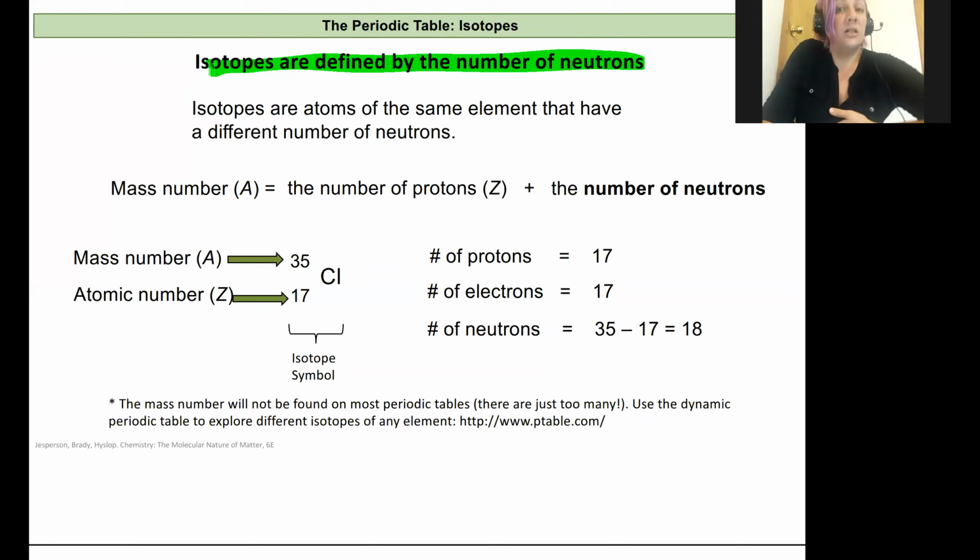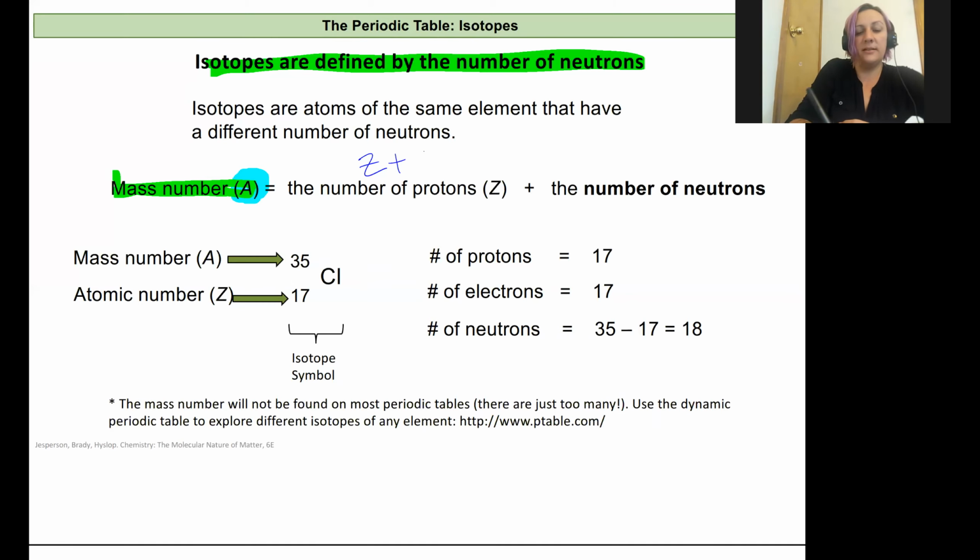The way that we determine what those are is from the mass number for the element or the set of atoms we're looking at. Mass numbers are abbreviated as A instead of Z, and they're always equal to the number of protons, which is the same as the atomic number, plus the number of neutrons.